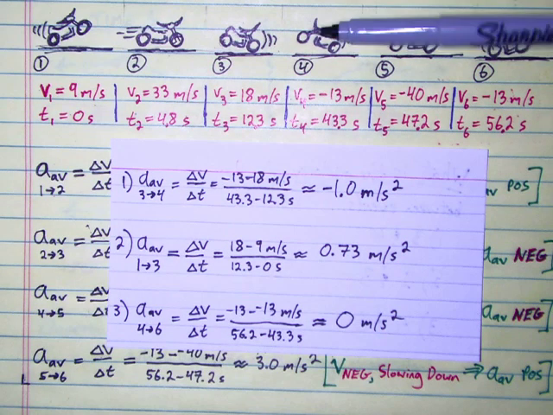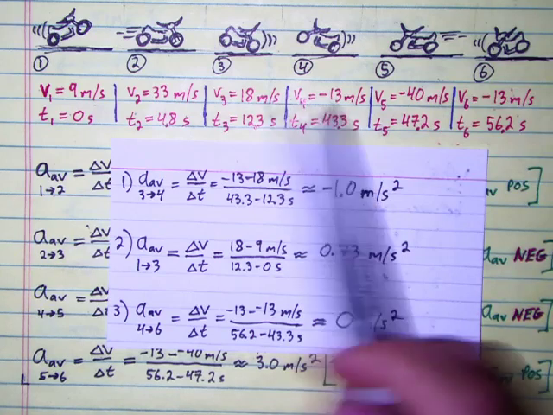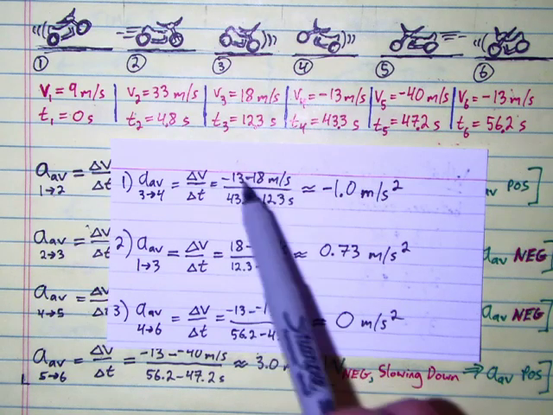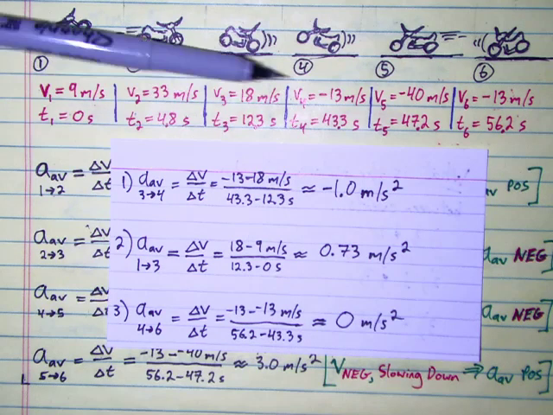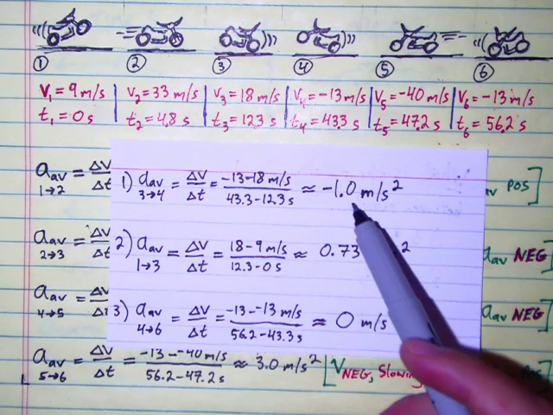Then by event 4, he was moving in the negative x direction, negative velocity. So his velocity changed directions. Final minus initial, negative 13 minus 18, is a negative change. So that's a negative acceleration. His velocity switched directions. If it switched from positive to negative, that's definitely a negative acceleration.